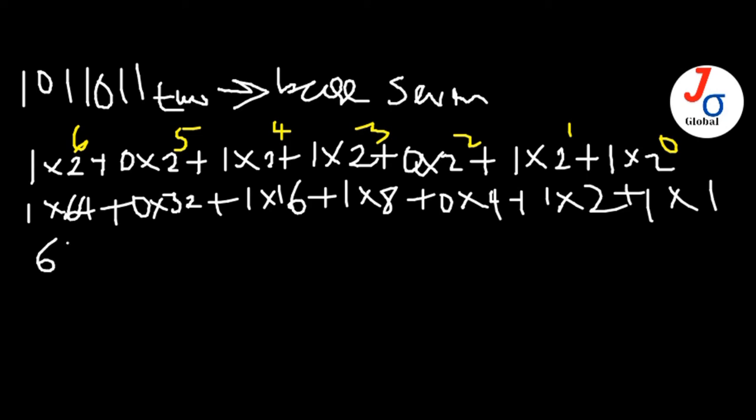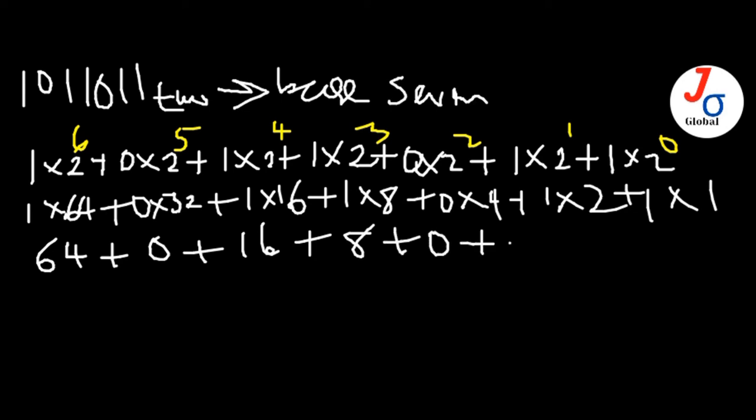So that's 64, plus 0, plus 1 times 16 is 16, plus 1 times 8 is 8, plus 0 times 4 is 0, plus 1 times 2 is 2, plus 1 times 1 is 1. So I have 64 plus 16 plus 8 plus 2 plus 1.